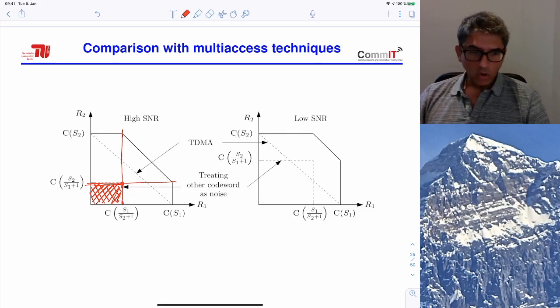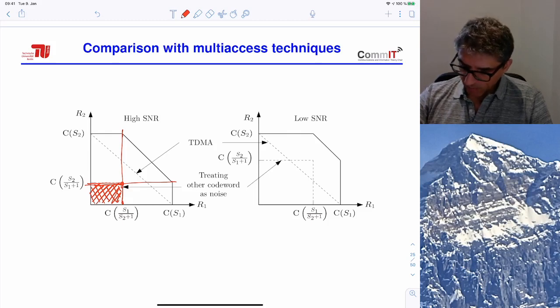If we use orthogonal access, so interference avoidance, well, we can get the time sharing of these individual capacities.